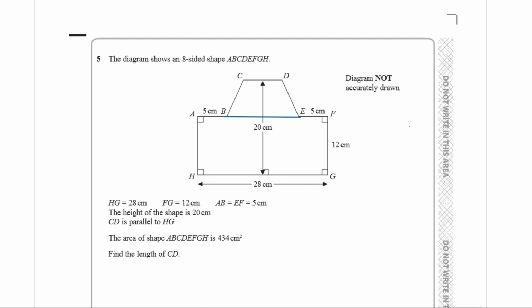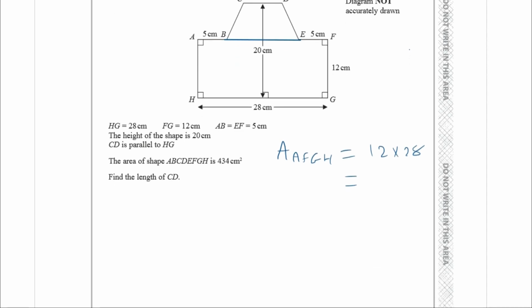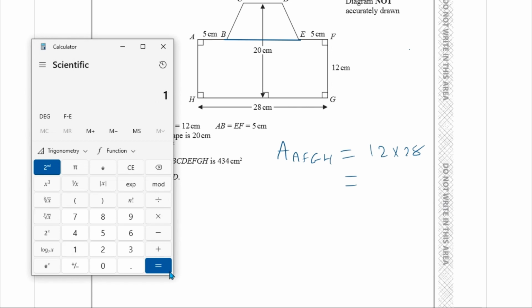So knowing that the area of the whole shape is 434, interesting. Perhaps what we can do here is just focus on the remaining area for the trapezium. So the area of AFGH, the area of that rectangle is going to be 12 times 28, and what is 12 times 28?